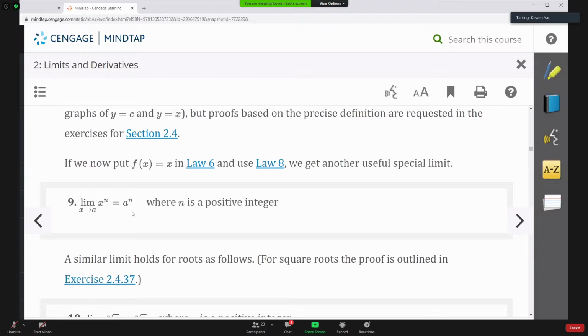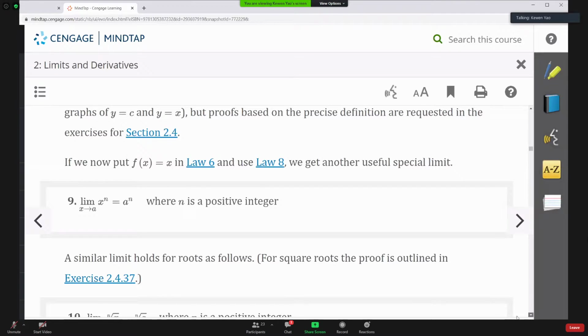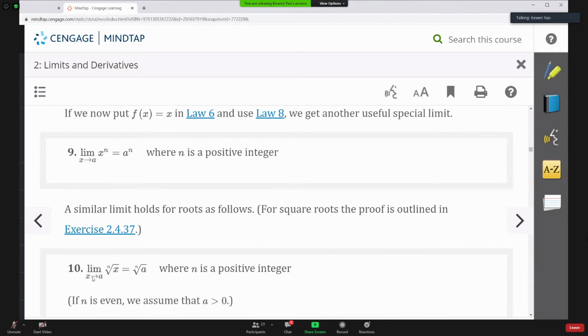Now let's look at rule number 9. This is for the nth root. The limit of the nth root of x as x approaches a is equal to the nth root of a, where n is a positive integer.